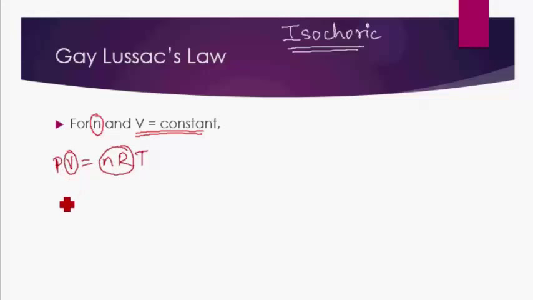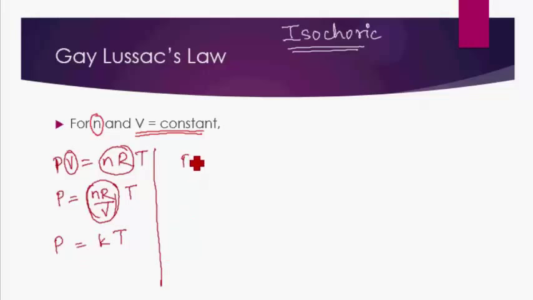So from simple mathematical rearrangement, pressure is equal to nR by V into T, where nR by V can be taken as one single constant, say K. That is, P = KT. So this gives us Gay-Lussac's law in its simple form: pressure is directly proportional to temperature.